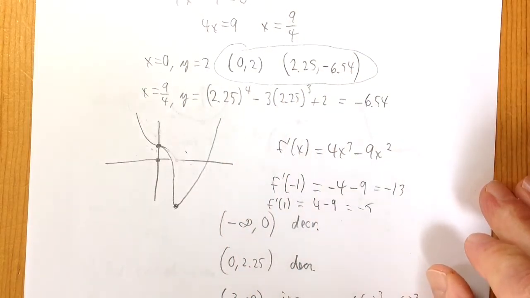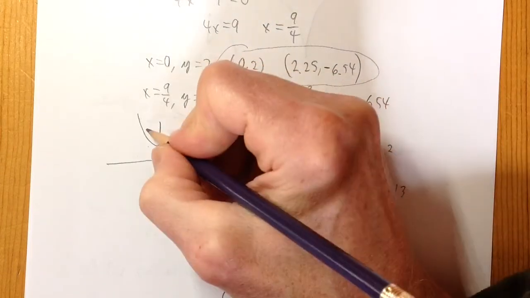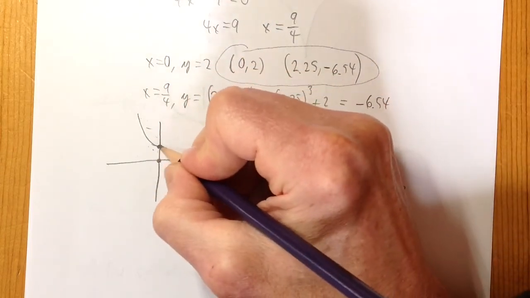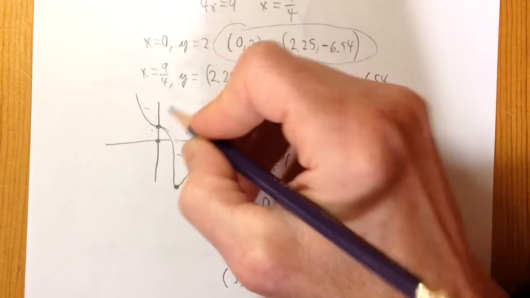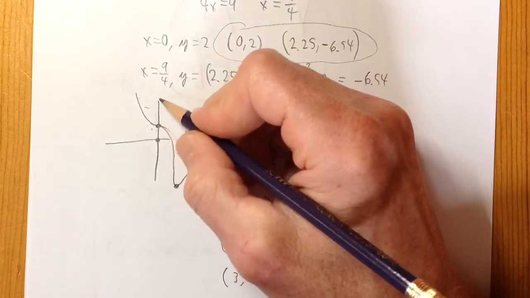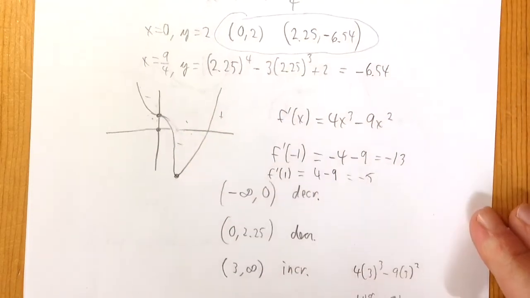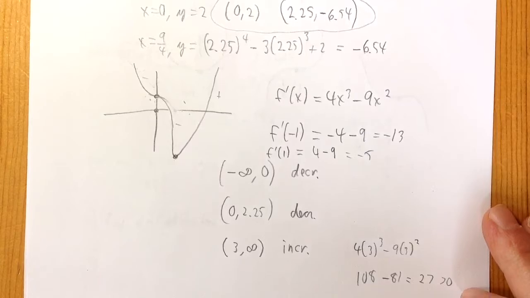So that's what our curve is going to look like. Because we know the slope is negative, slope is negative, slope is 0 here, so this is an inflection point. Now right away we could probably tell some interesting things, like it's concave up here, concave down here, concave up here. But we don't know for sure, so we've got to do some more tests.